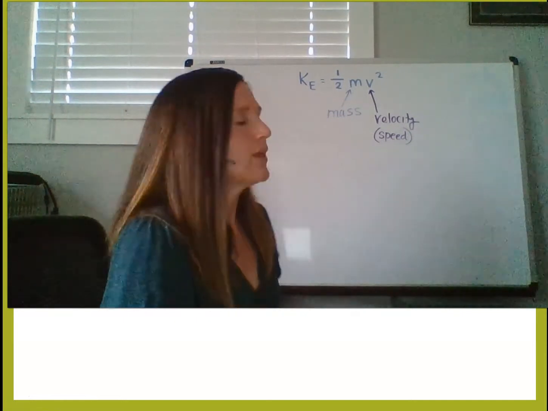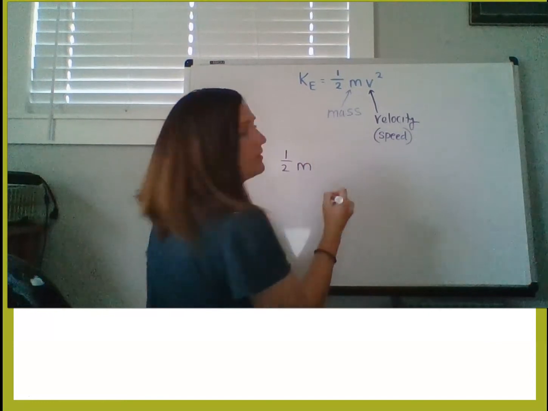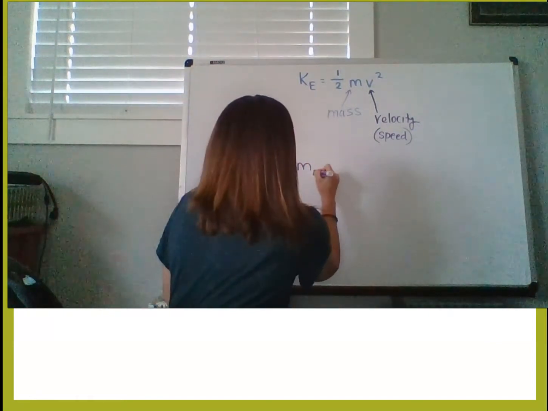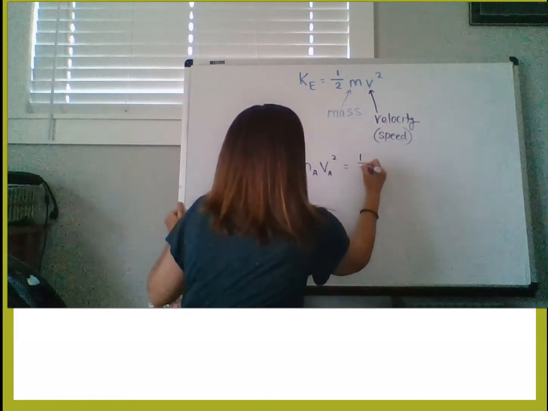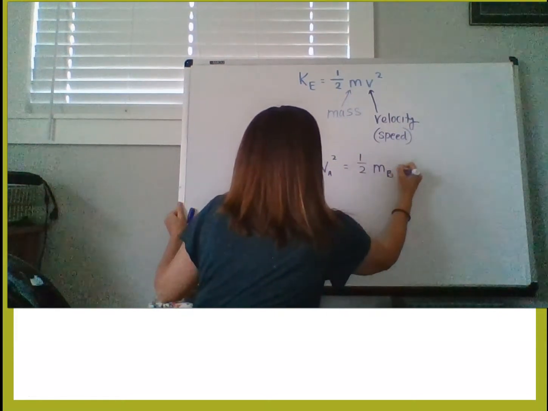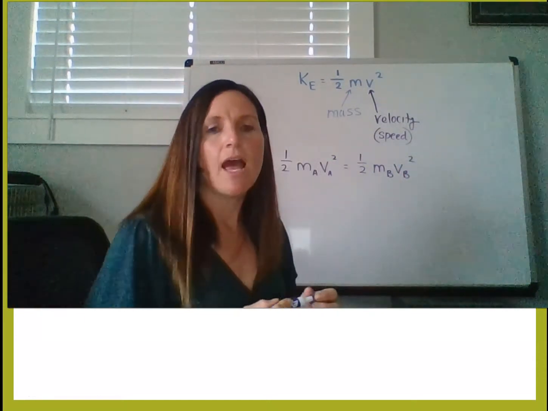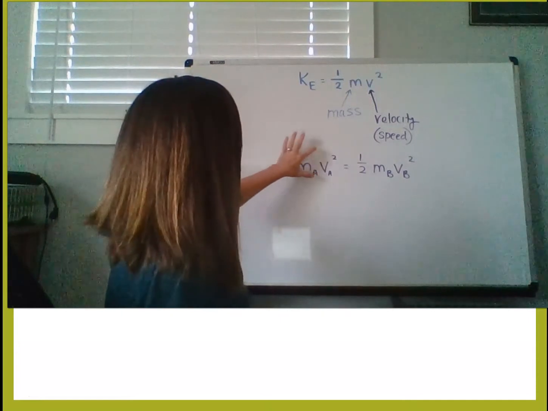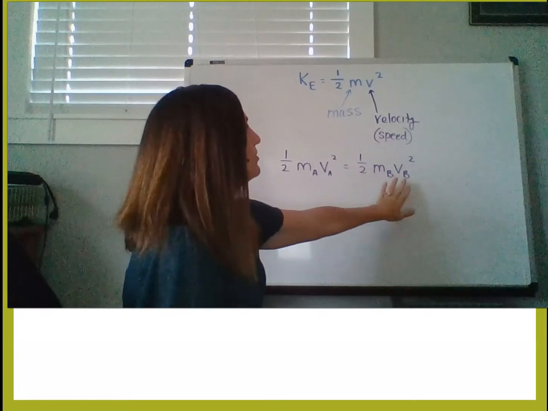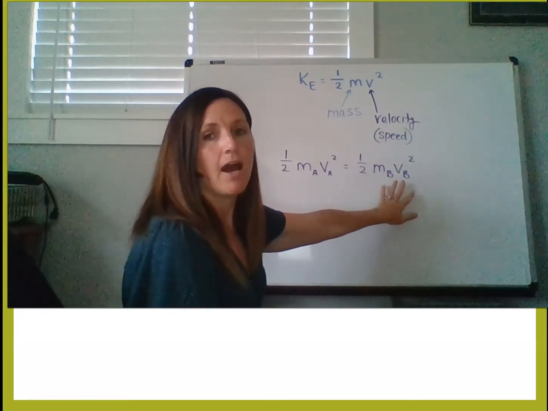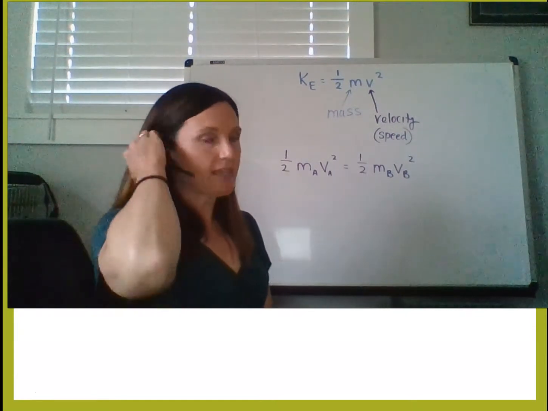And so we end up with 1/2 mA, representing gas A, VA squared equals 1/2 MB VB squared. And so this is showing us that the mass and velocity of gas A is equal to the mass and velocity of gas B.